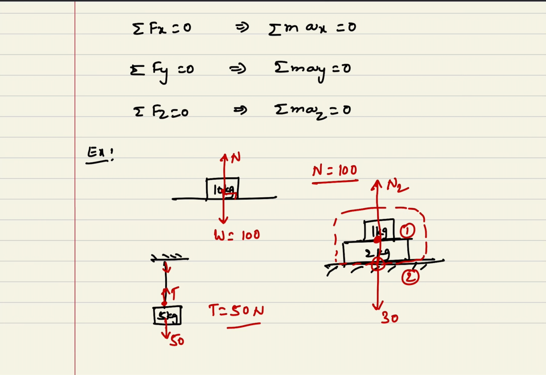Total weight of the body is 30, so N2 is equal to 30 newtons. Similarly, if I take only the 1 kg body, the contact N1 is only pushing the 1 kg body weight. So N1 is equal to 10 newtons.